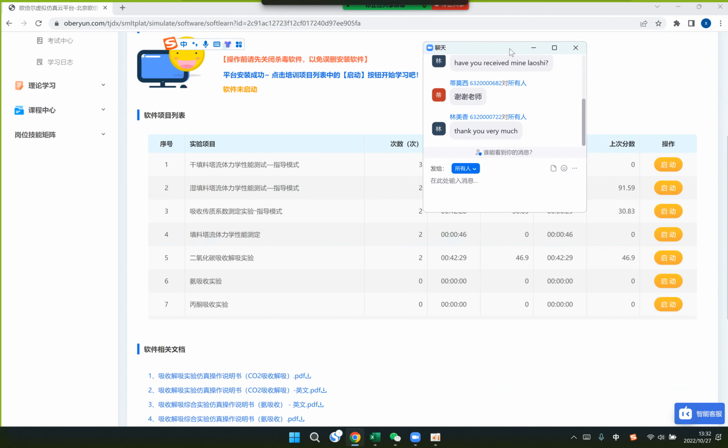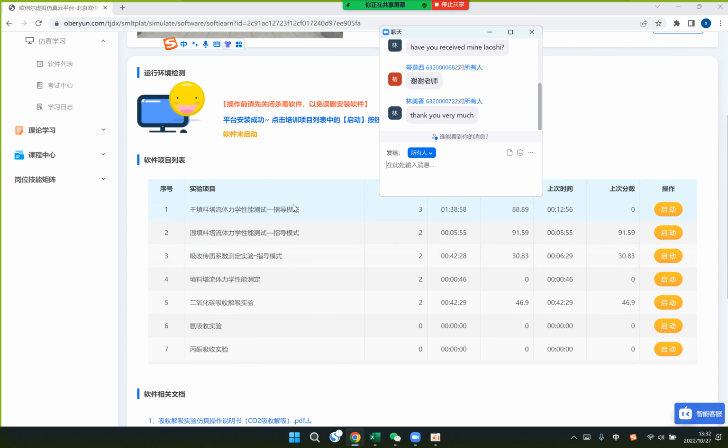Here we actually have several different kinds of experiments. If you translate it into English, the first three are guidance mode: guidance mode for the dry packings, for the wet packings, and for the mass transfer coefficient measuring experiment.